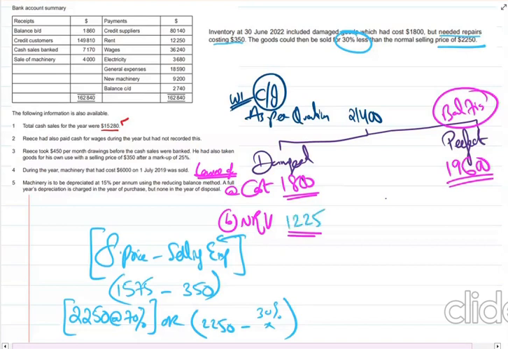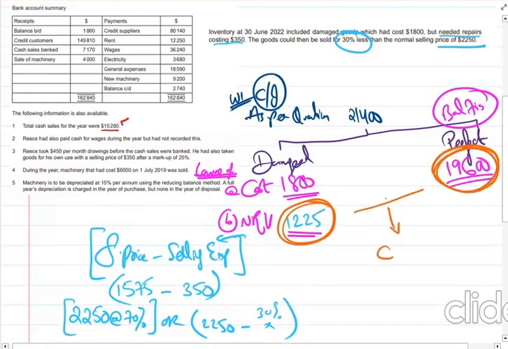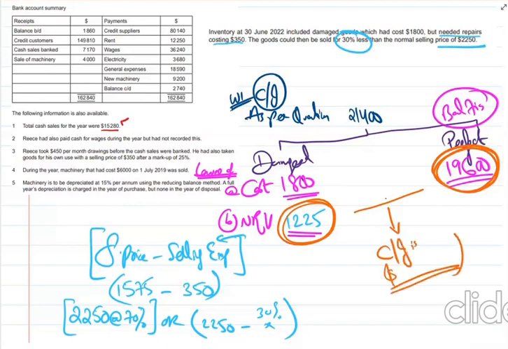Our rule says damaged or problematic inventory is taken at the lower value. So of 1800 and 1225, take the NRV. The perfect items will remain at the same value. Which means our closing inventory is how much in total?